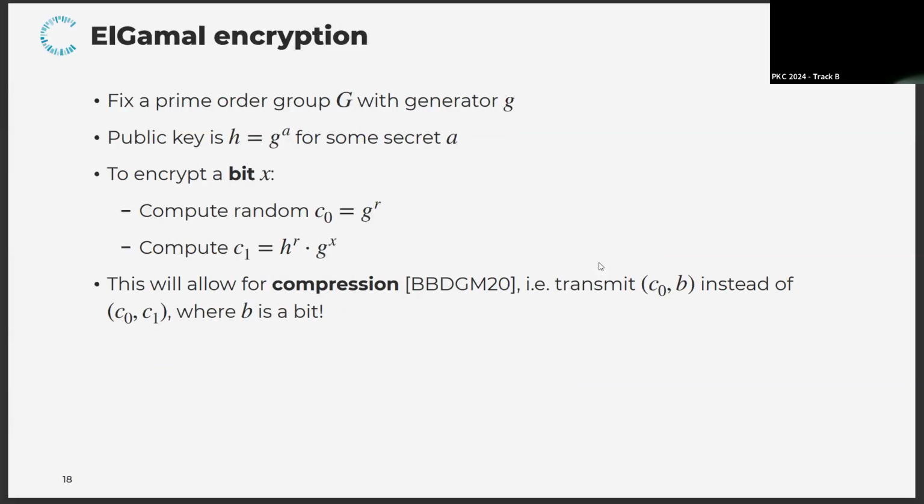In particular, we use ElGamal encryption. If we want to encrypt the bit x, the ciphertext will be the header, and the shared key, let's say, times g to the x. This allows us to do compression, in the sense that usually we send c0 and c1 for ElGamal, but if we are encrypting bits in this way, we can just send the header c0 and a single bit instead of c1.